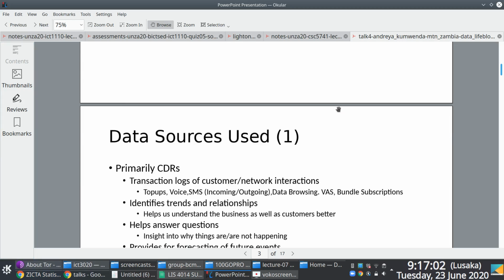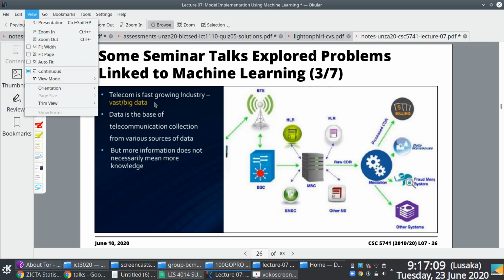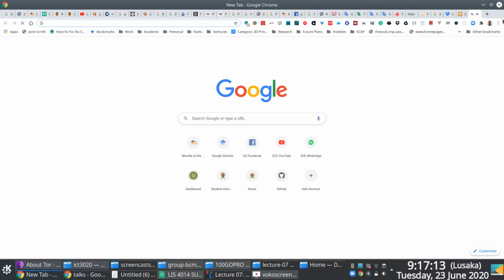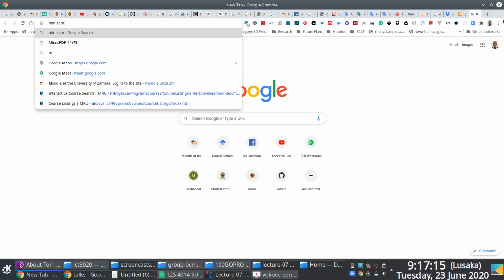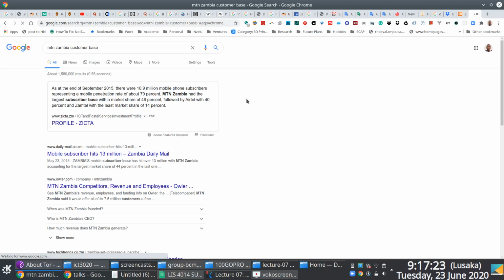But bottom line is it's massive numbers that you're dealing with, millions, right? I wouldn't be surprised. Let me see here. MTN Zambia customer base. Let's see if we can look this up. Boom, there we go.